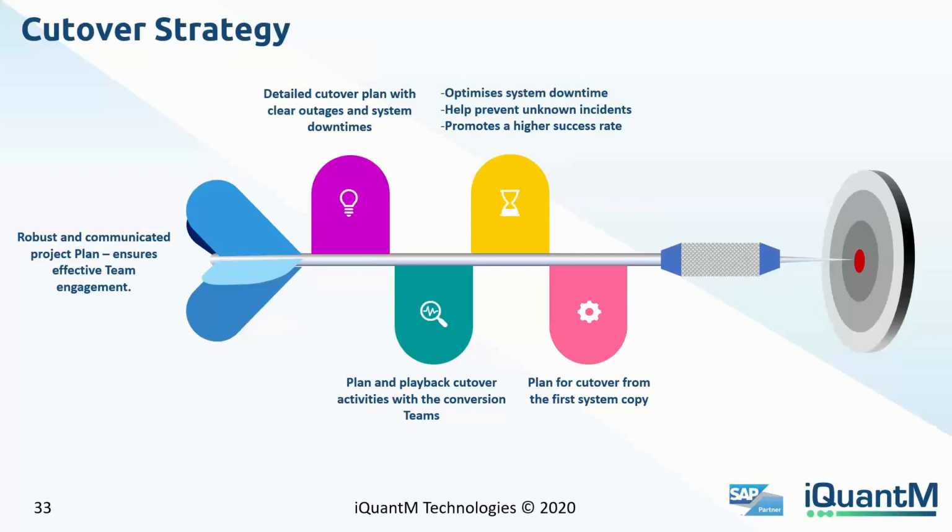You need a robust plan that is well communicated to the team to ensure a seamless transition. It has to be a detailed plan which shows the clear outages, the system downtimes, and who is responsible for what, because this is what promotes a high success rate.